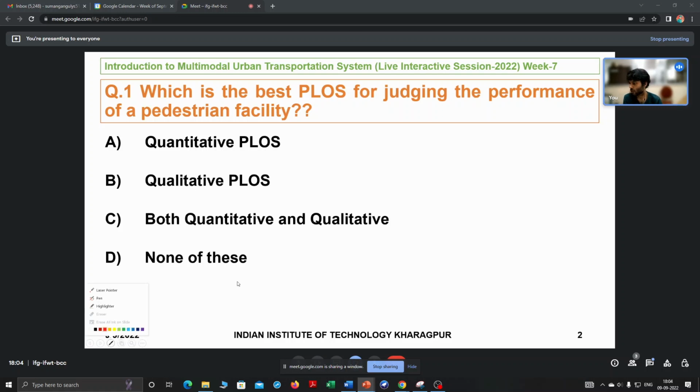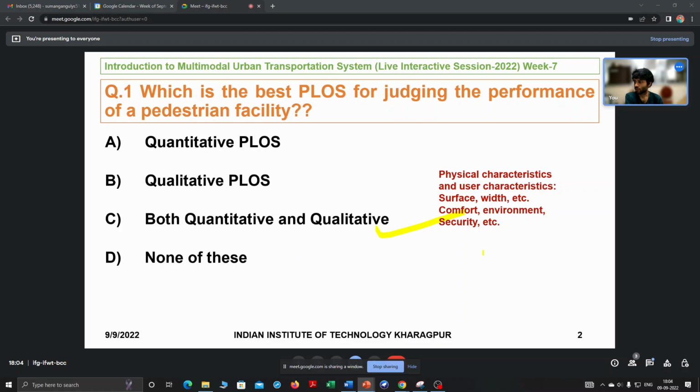I will not discuss anything more since this is very straightforward. So the answer will be C. This is what qualitative means: the physical characteristics as well as the user characteristics, the surface width and the surface smoothness, then the comfort, environment, security, those things.